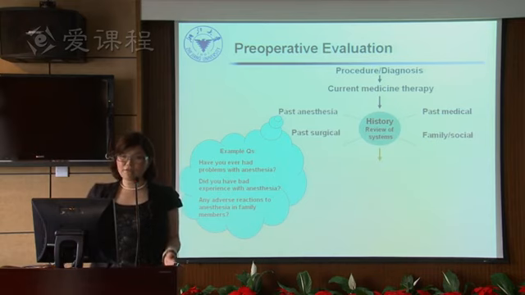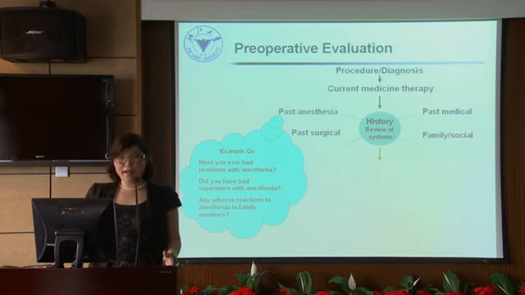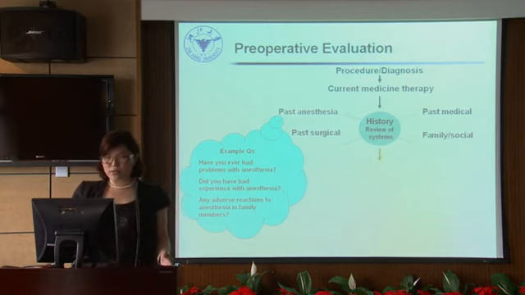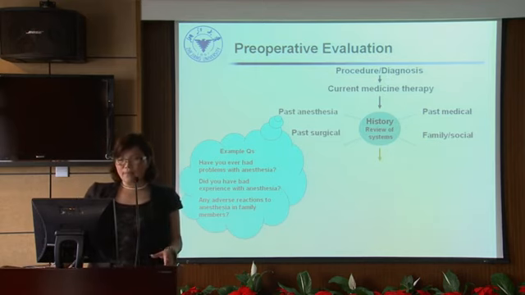Have you ever had problems with anesthesia, or did you have a bad experience with anesthesia, or any adverse reactions to anesthesia in family members? Through these questions, we can get some very useful information about the history of the patient.